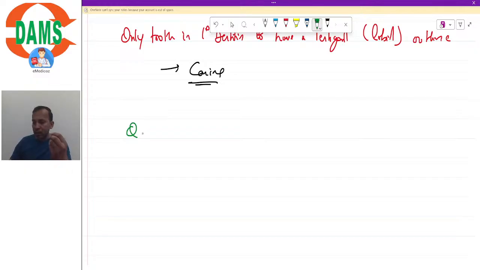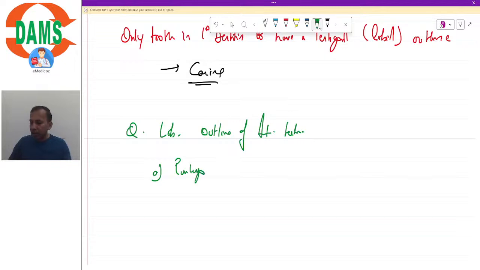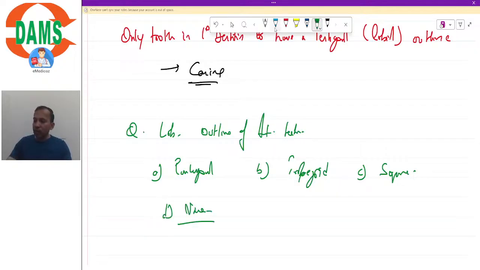So if the question is labial outline of anterior teeth, and the options are, let's say, pentagonal, trapezoid, square, none, then we'll go with trapezoid, because it is the characteristic feature of all the anteriors, as there are more incisors.